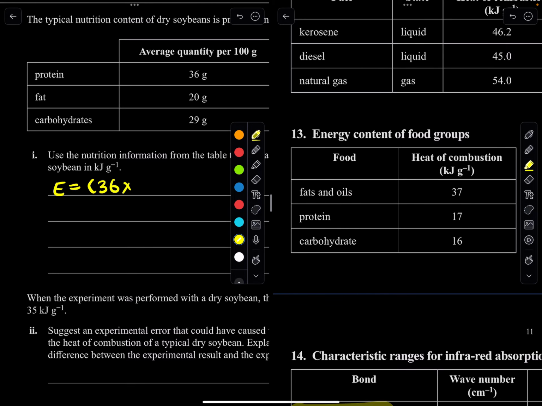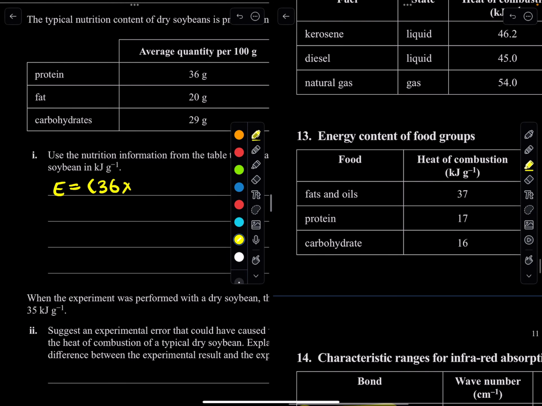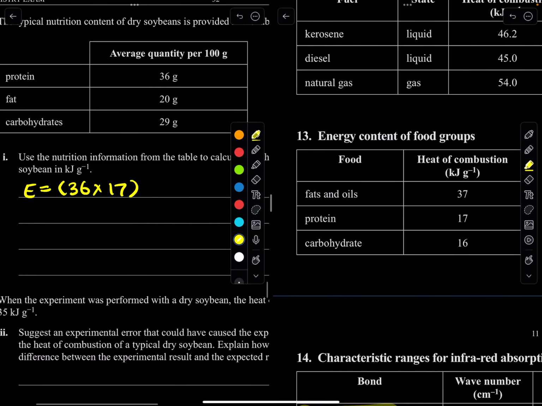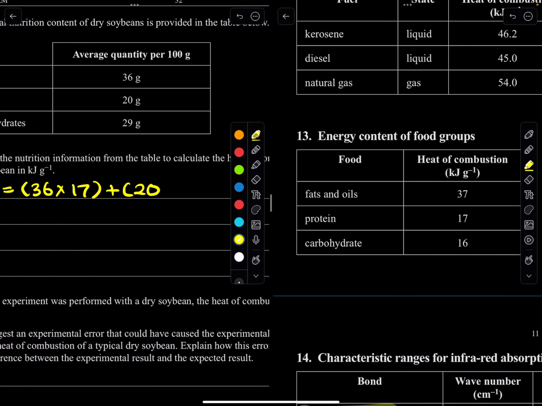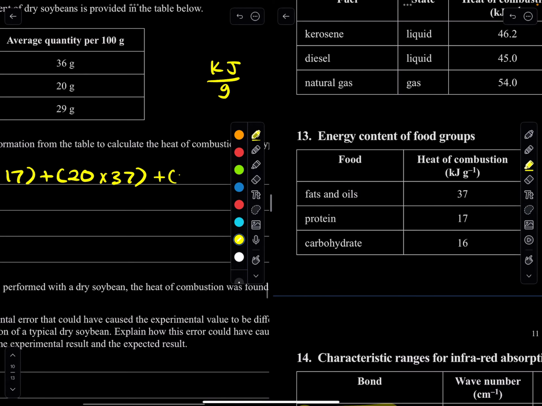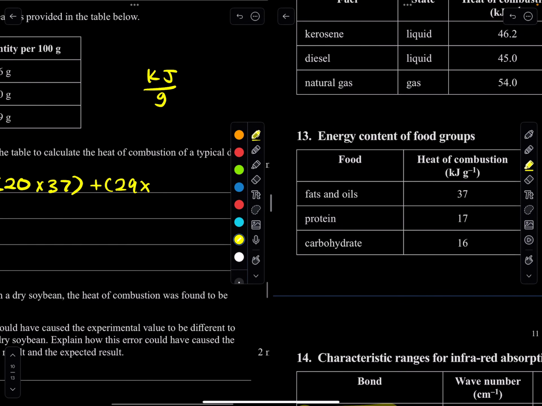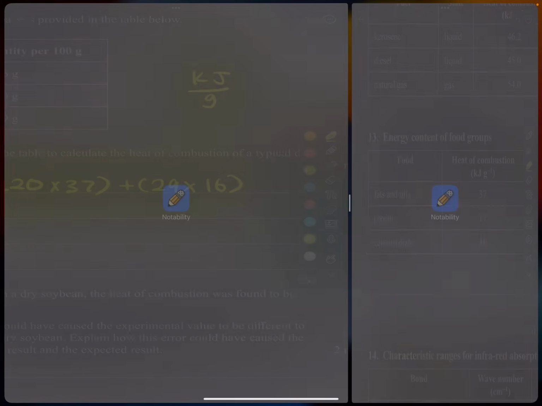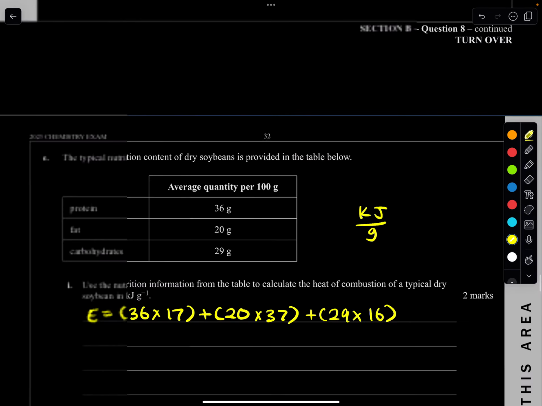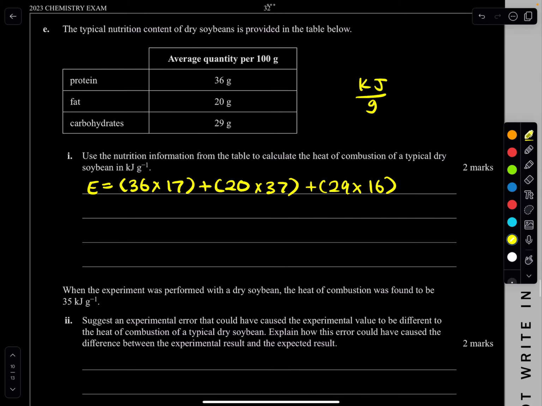We multiply that by 17 kilojoules per gram, plus 20 grams of fat, times 37, plus 29 grams of carbohydrates, times 16. That is it. So let's go back.